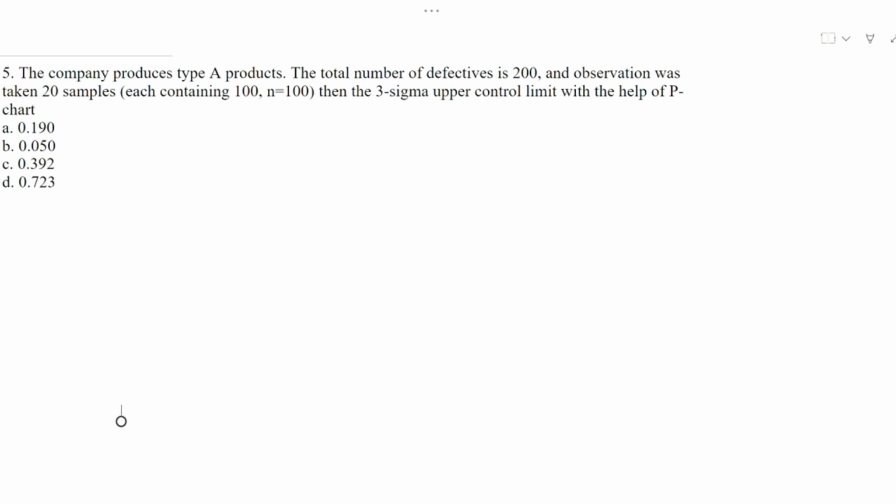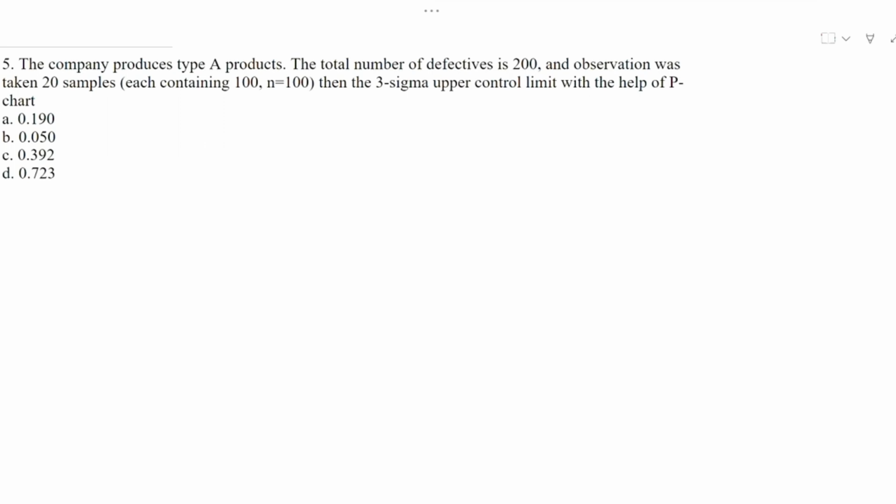The company has type A products, total defectives equal to 200.